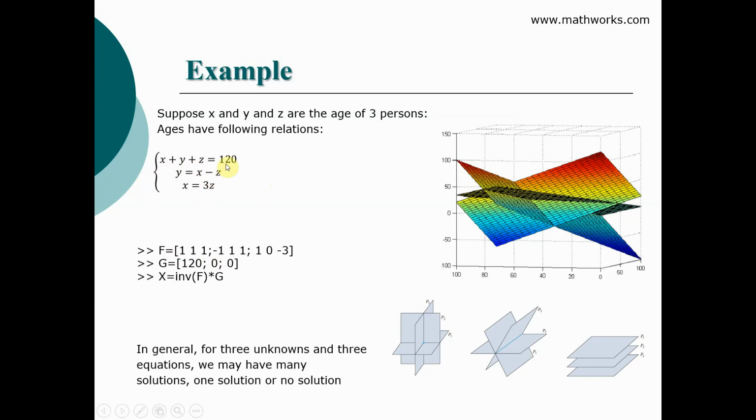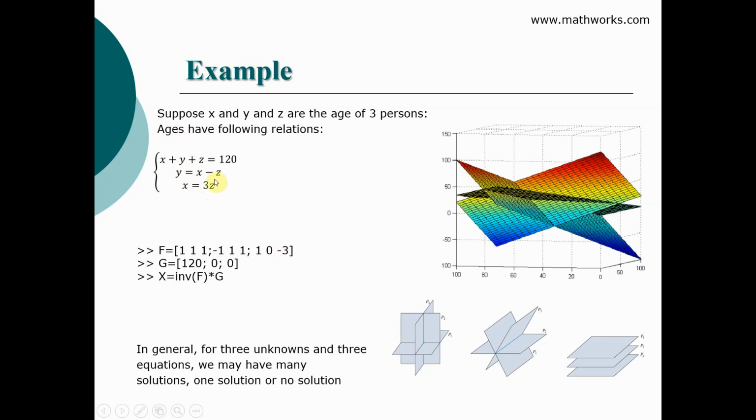Here, I have to put everything on one side. So if I do that, then the coefficient for x becomes -1, the coefficient for y is 1, and the coefficient for z is also 1, right? And in this case, again, I'm going to take everything to the other side. The coefficient for x is 1, the coefficient for y is 0, because there's no y in the third equation, and the coefficient for z becomes -3.